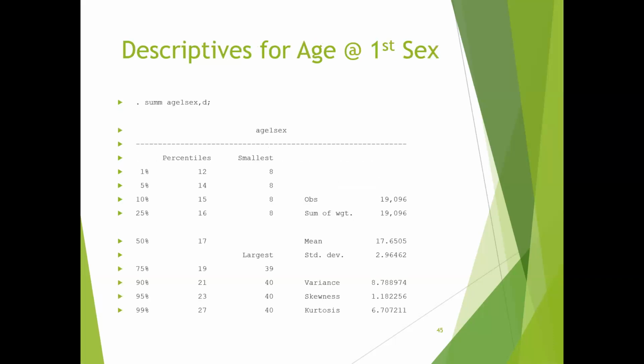Can somebody else interpret these statistics as they relate to the age at first sex or the age at sexual initiation? This is slide number 45. Somebody else, talk to me first about the skewness of the distribution. Is it skewed? 50th percentile, the median.